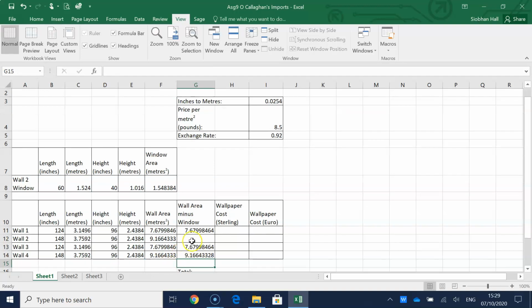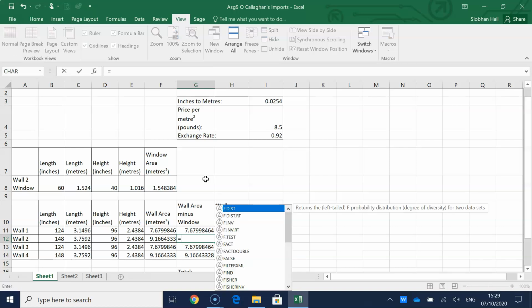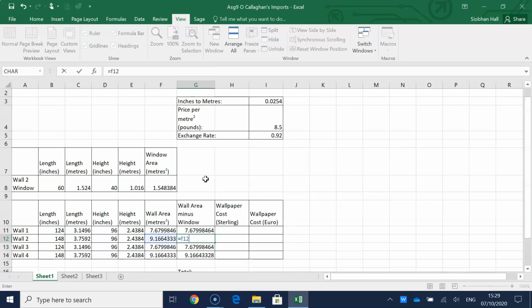We have a problem, however, with wall 2 because the wallpaper isn't going to go over the window, so we need to subtract the window from the wall area. So in G12 we type equal F12, which is the whole wall, minus F8, which is the window which we're taking away from the area of the wall.